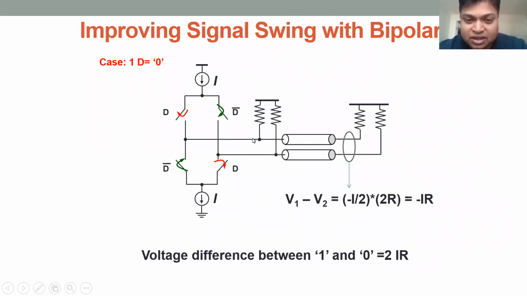That means, by the nodal equation, half of the current would be burnt on your transmitter side and only half of the current can go to the other side. So that makes it inefficient from a power consumption point of view, because ideally I want all the current to go through this transmission line and create the voltage difference on the other side, right? So how do we do that?